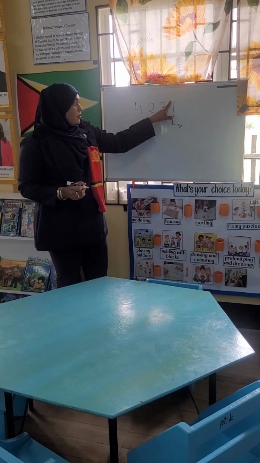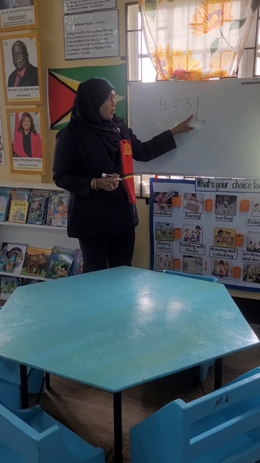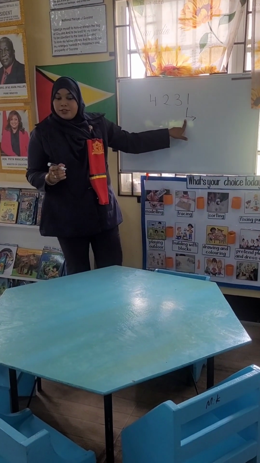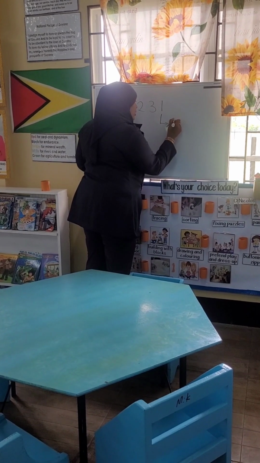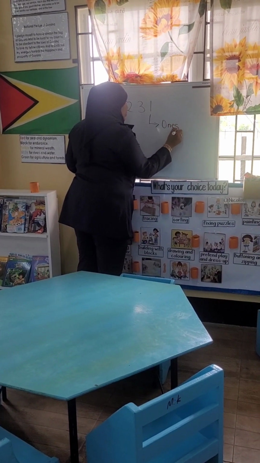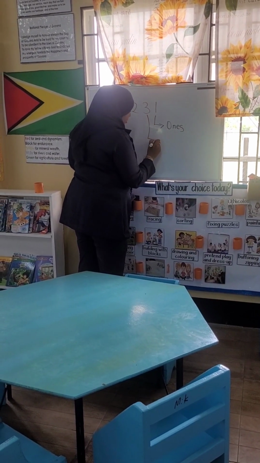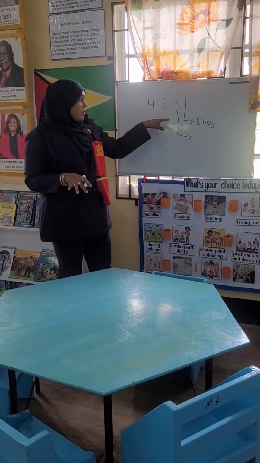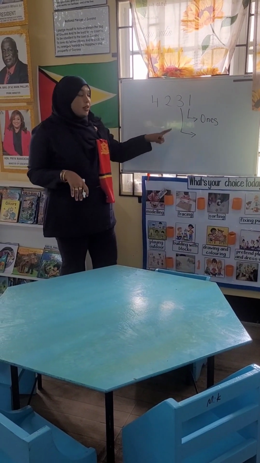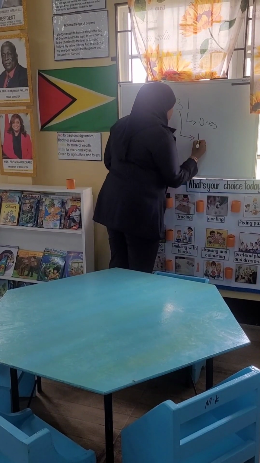What is the place value of number 1? Rachel? Ones, very good. So we write ones. Alex, what is the place value of 3 in this number? Tens, very good.